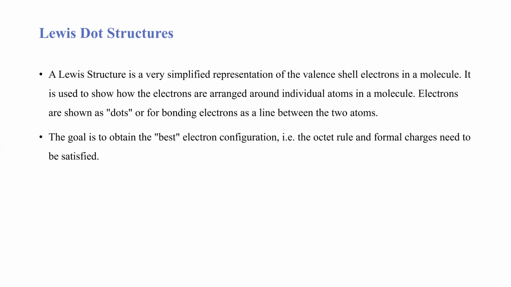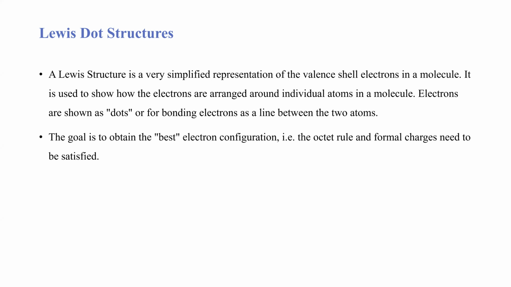So let's talk about the Lewis dot structure. As you have become familiar until now with the condensed structure, the molecular formula, how we can draw the open structure, and how we can draw the line structure of any molecule when we are talking about organic compound structures, this is a new term for you: the Lewis dot structure.